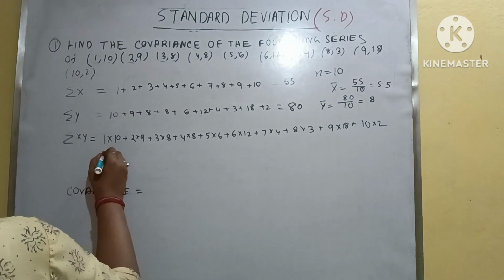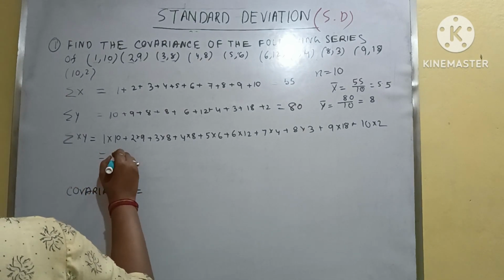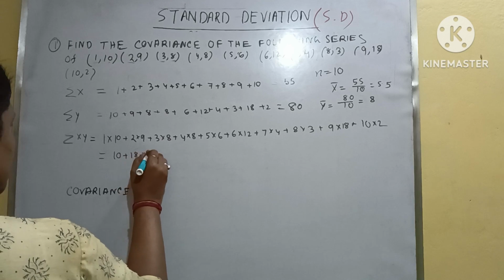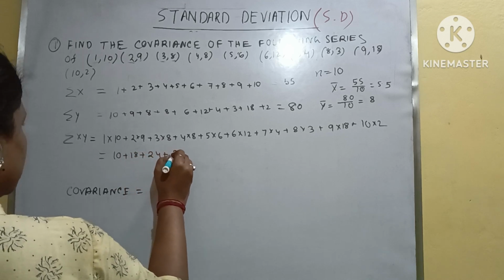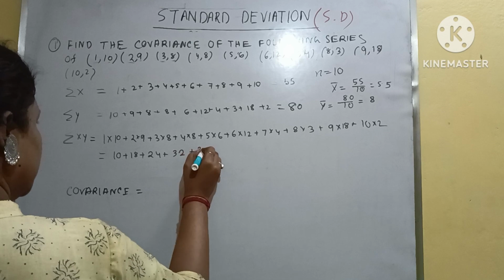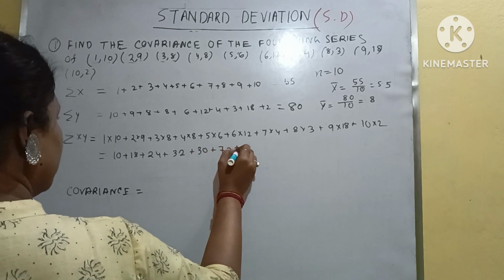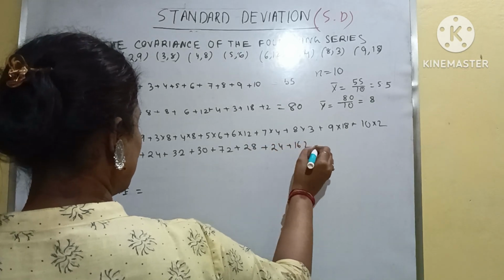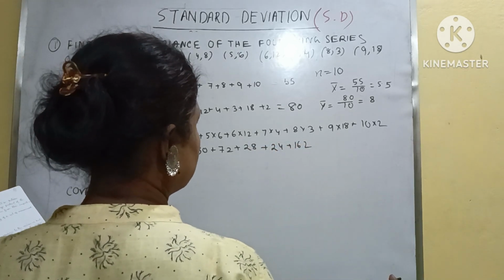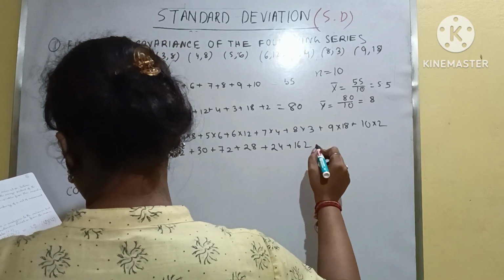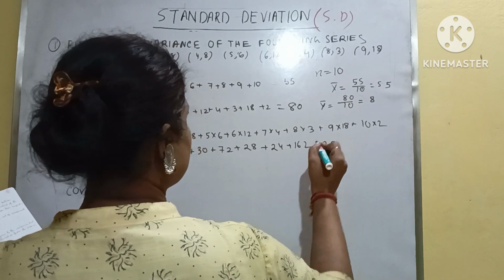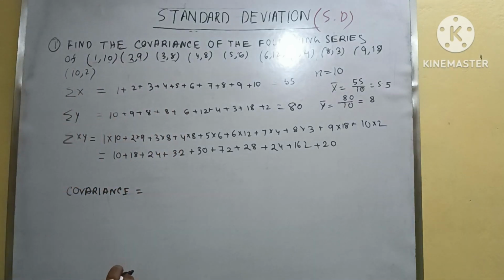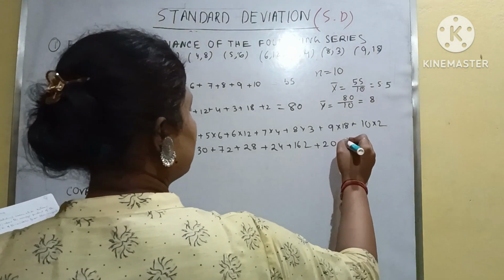So what is the value? 10 plus 18 plus 24 plus 32 plus 30 plus 72 plus 28 plus 24 plus 162, then plus 20. So the value is 420.